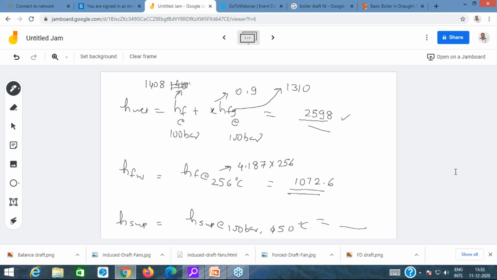You need to refer to the superheated steam tables for that.